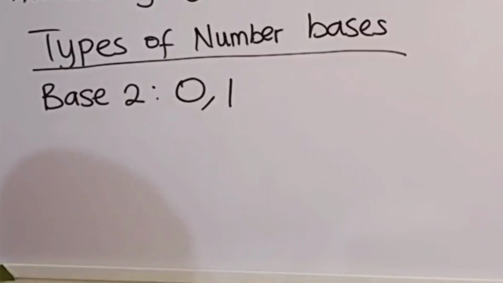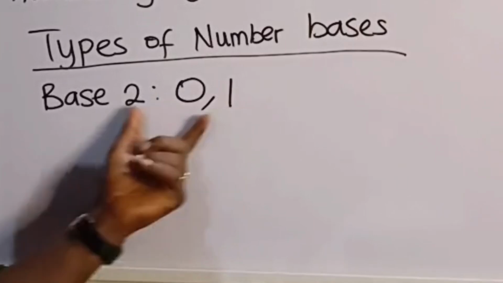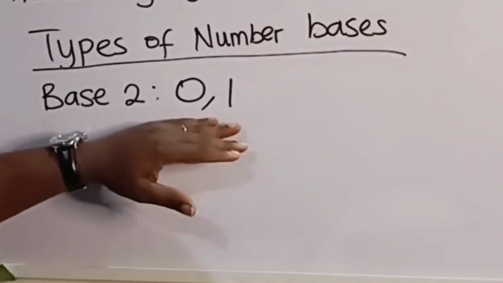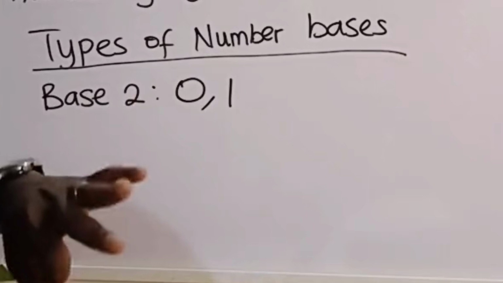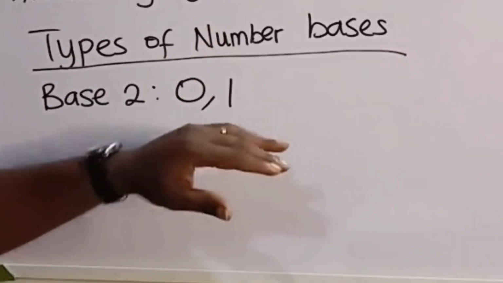Now, most of our computers, laptops, and phones work in base 2. That's why when you are formatting or configuring a laptop, if the system is booting, you are going to see 2 numbers moving along the screen: 0, 1, 0, 1, 0, 1, just 2 numbers.